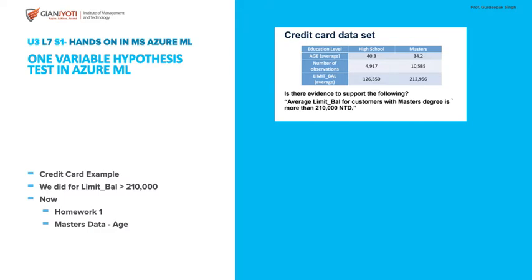When we talk about masters, the age is 34.2, number of observations 10,585, and the mean limit balance which has come out as 2,12,956.